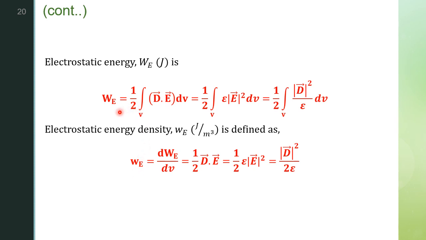If you take the derivative, the integration sign will be removed, and if you divide it by dV, you will get half D dot E, or half epsilon E squared, or D squared by 2 epsilon. So this gives us the expression for electrostatic energy density. It is the energy per unit volume.